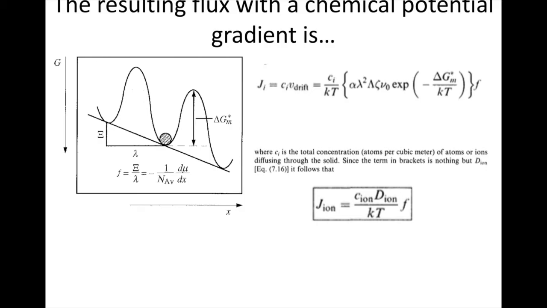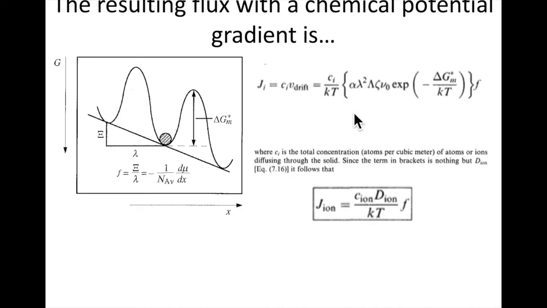And so now we have this average ion flux, J, which is going to be equal to that drift velocity multiplied by the concentration. And again, that factor that we have should look somewhat familiar. We have essentially plugged in that drift velocity multiplied by the distance, and then we have the concentration. So we have this term here for the flux.